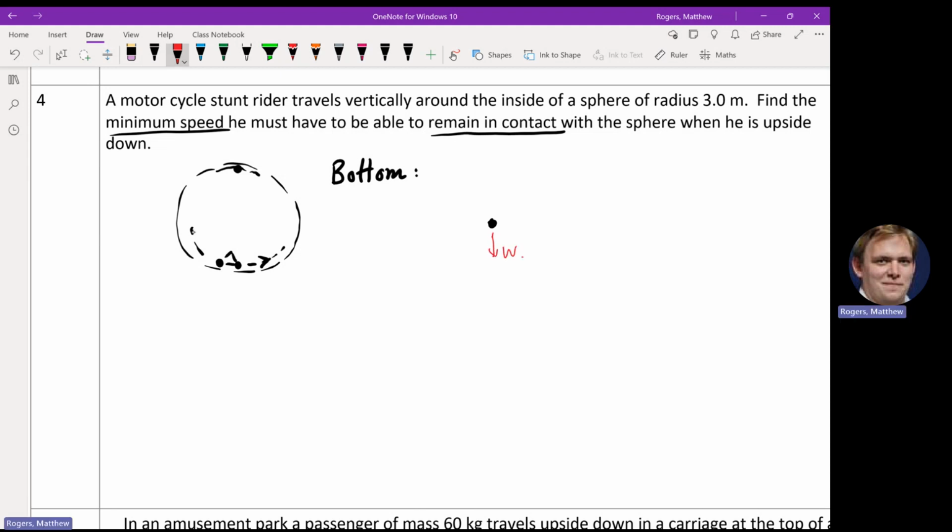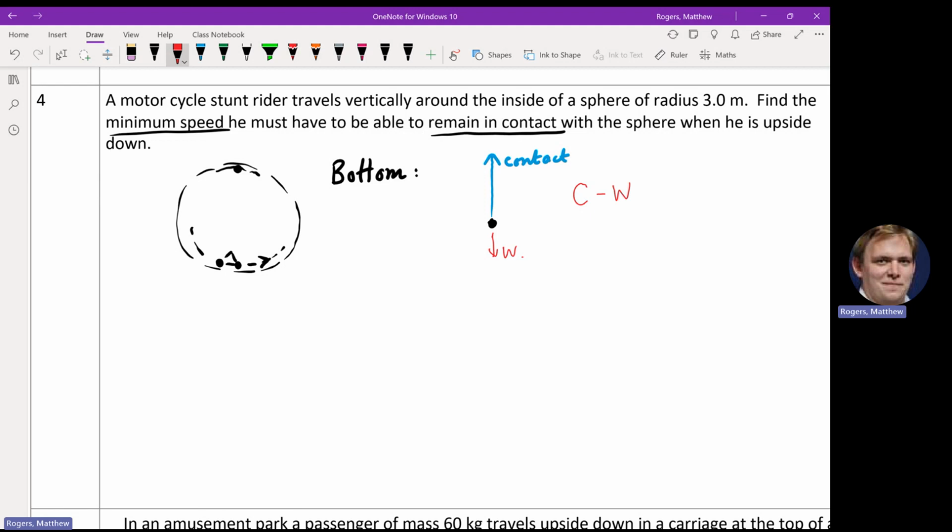But he's following a circular path, and we know the resultant force has to be acting towards the center. As such, the contact force on him from the ball has to be bigger than the weight. In fact, we could say the contact force minus the weight, if we're talking about their magnitudes.